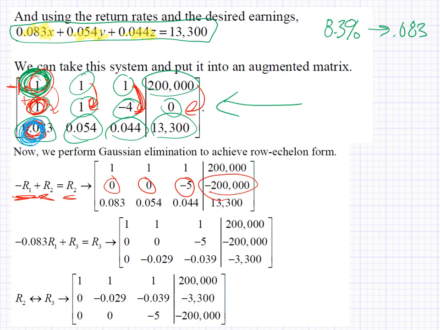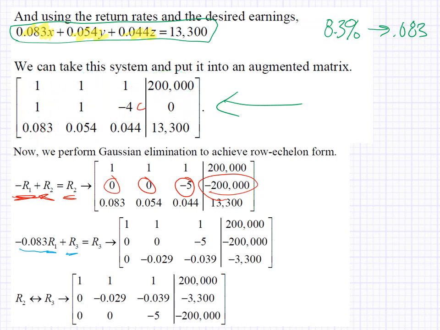So if I take negative 0.083 times row 1 and add it to row 3, here to here, I'll have to erase this so you can see it better. So we're going to take negative 0.083 times row 1, that's row 1, and then add it to row 3 and do that over and over and over again.